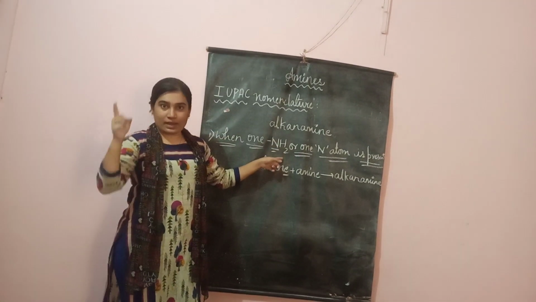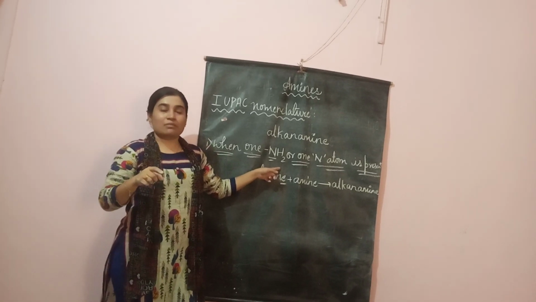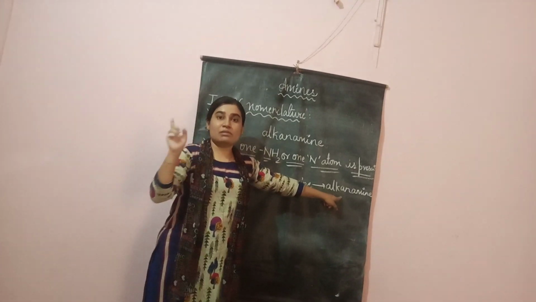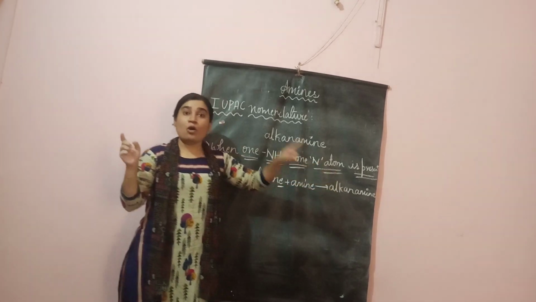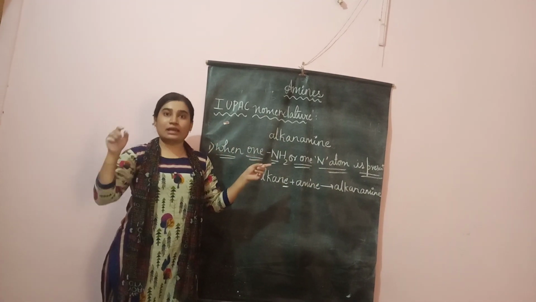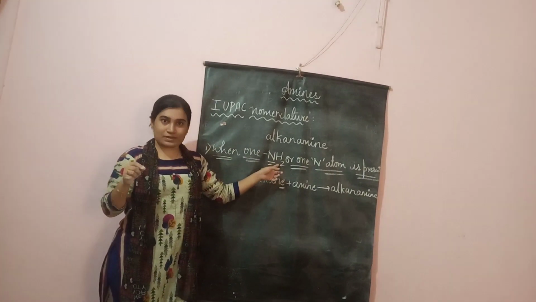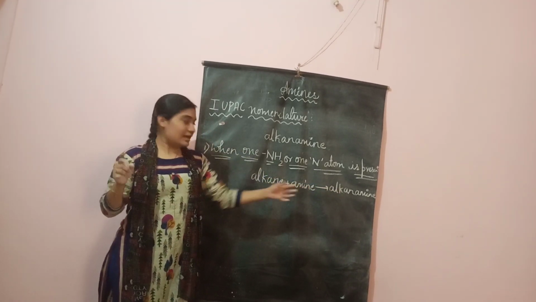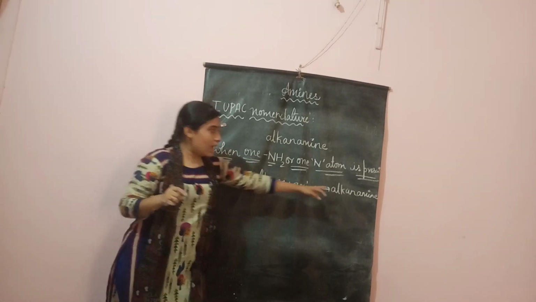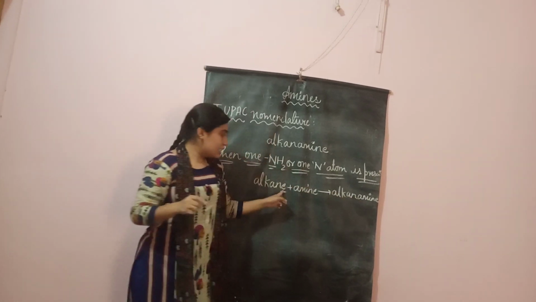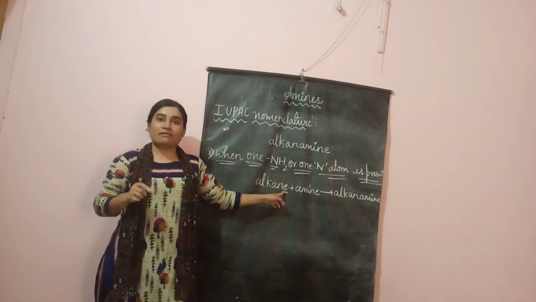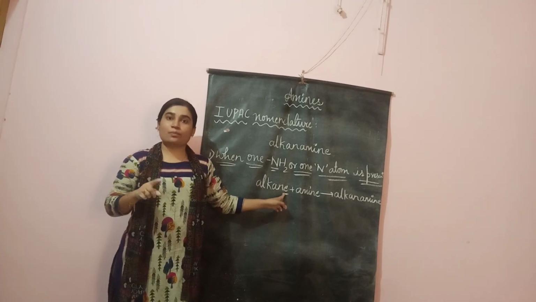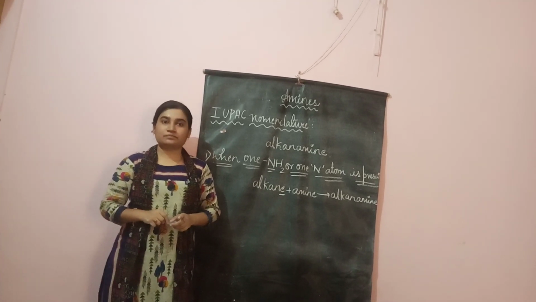Methane has the ending E. So whenever you have one NH2 group, you will have to remember that in the name E will not be written. Whenever you have only one N atom or one NH2 group present in the structure, E should be removed. E should be erased off alkane. Amine's E is kept as it is, but alkane's E is to be removed whenever you have only one NH2 group or one N atom.